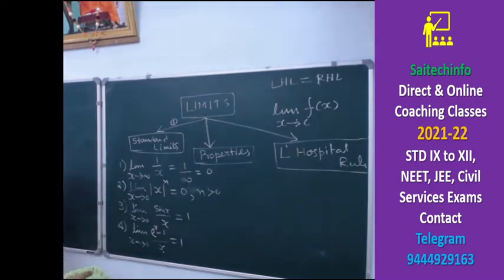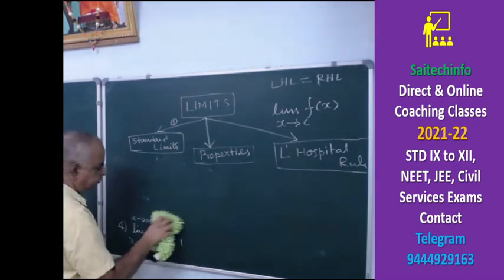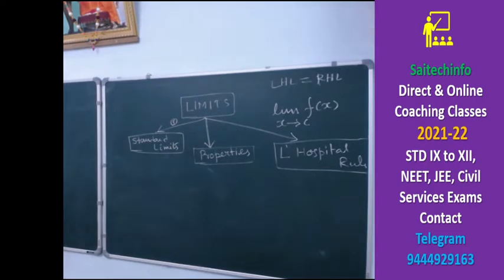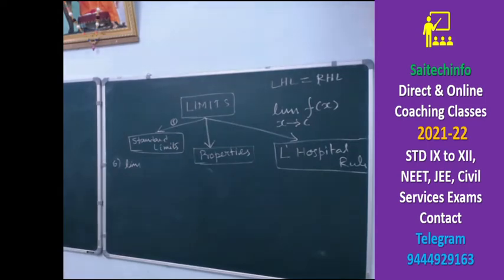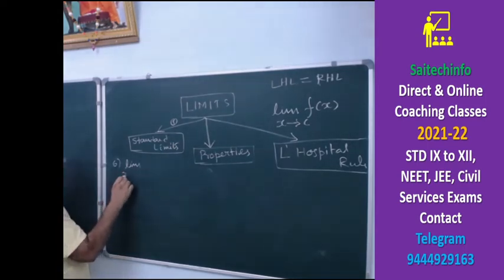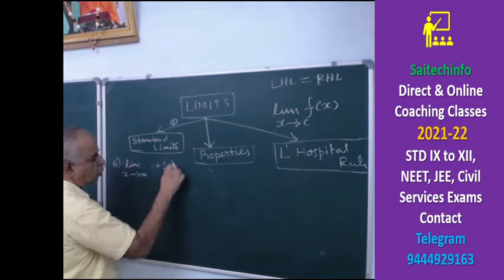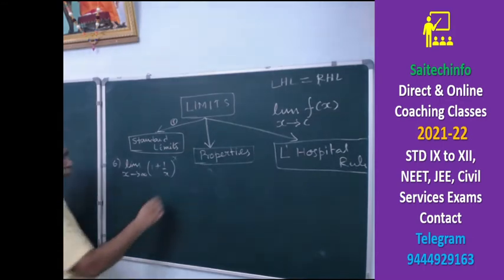Now let me proceed with the fifth point, sorry, sixth one. Limit x tends to infinity for the function 1 plus 1 by x whole power x is given as e.